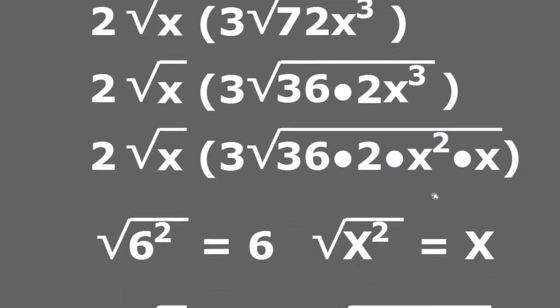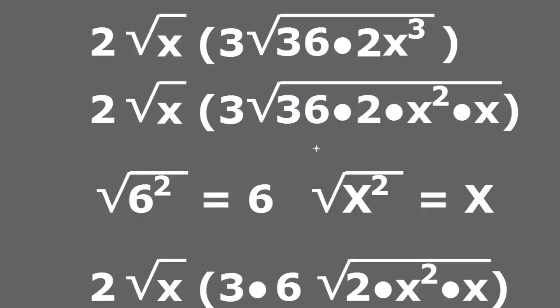The reason I do that is that now I have on the inside of this radical sign, on the radicand, a 36. And 36 is the same thing as 6 squared, 6 times 6. So remember, if you have a number with an exponent that equals the grade of the root, you can take that number outside of the radical sign.